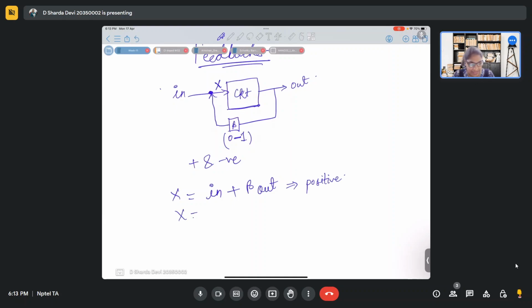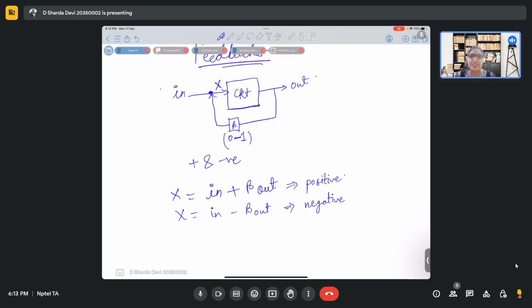And if x is in minus beta times out, then it is negative feedback, which basically means whether your feedback is additive to the input or subtractive to the input.